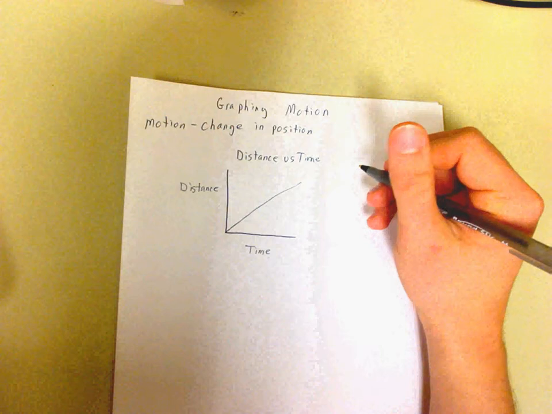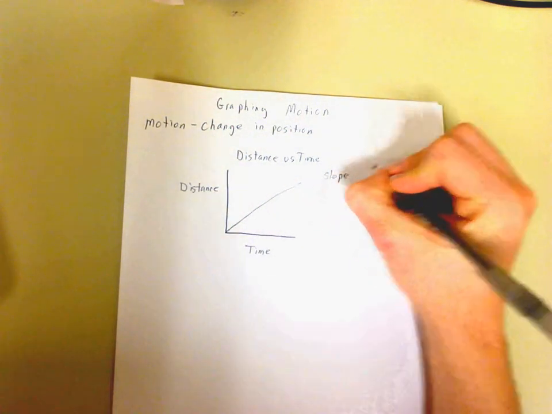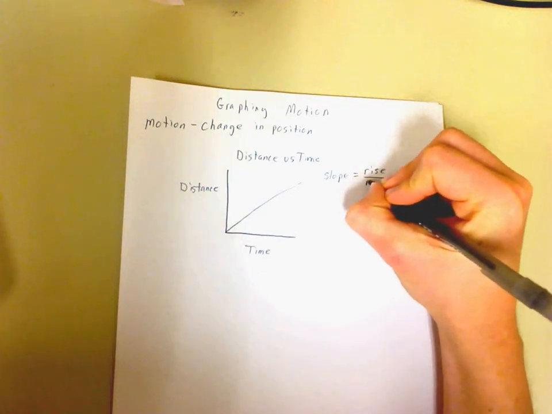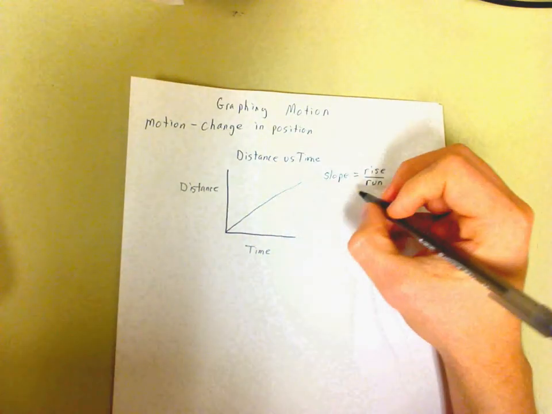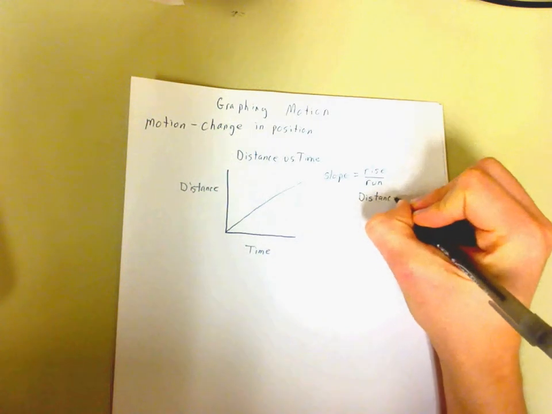How do we find our slope? Our slope is our rise over the run, okay? Or you could say the distance over the time.